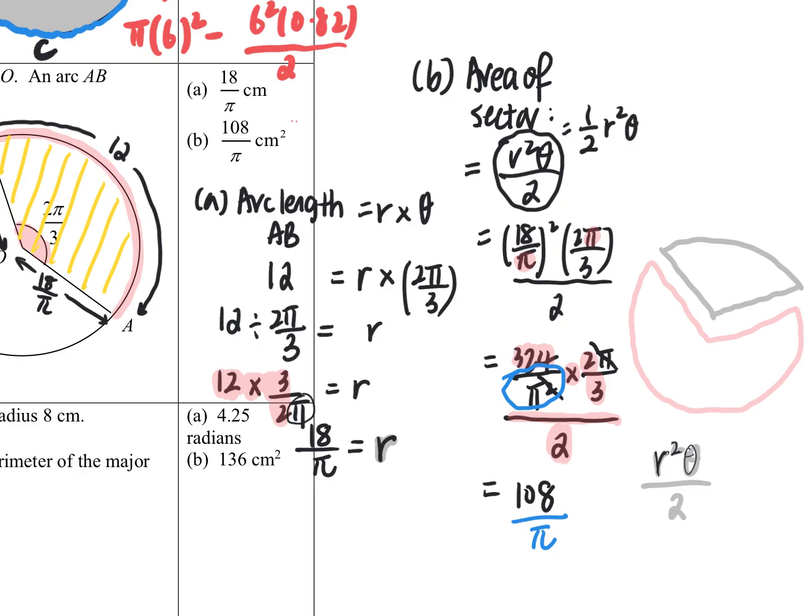Let me thicken the pencil again. So this is the formula to find area of sector. If I want to find this piece, the black one, the radius you use is the same radius we are talking about, but the angle we put in is this one.